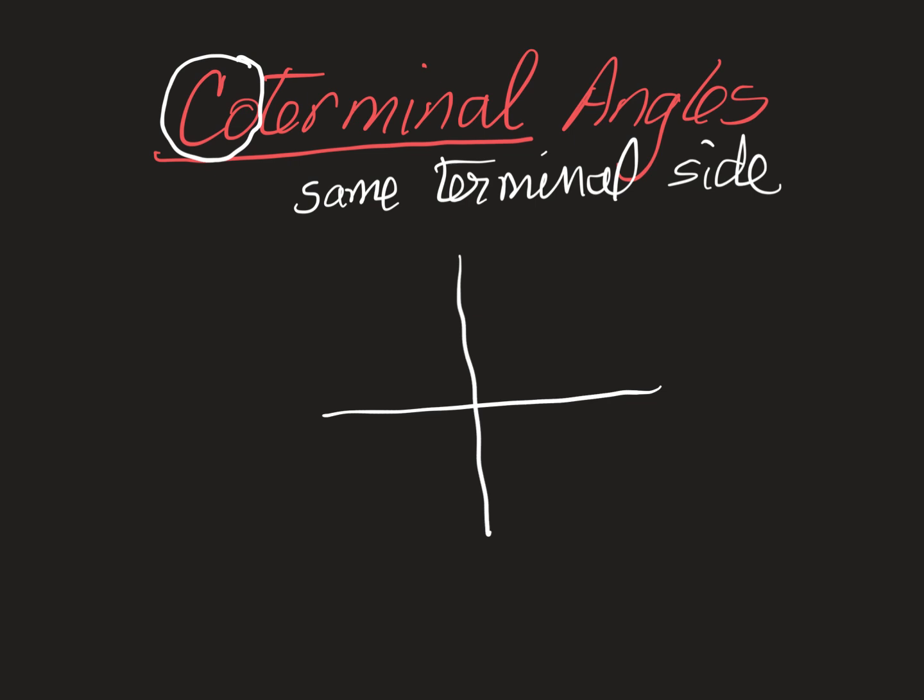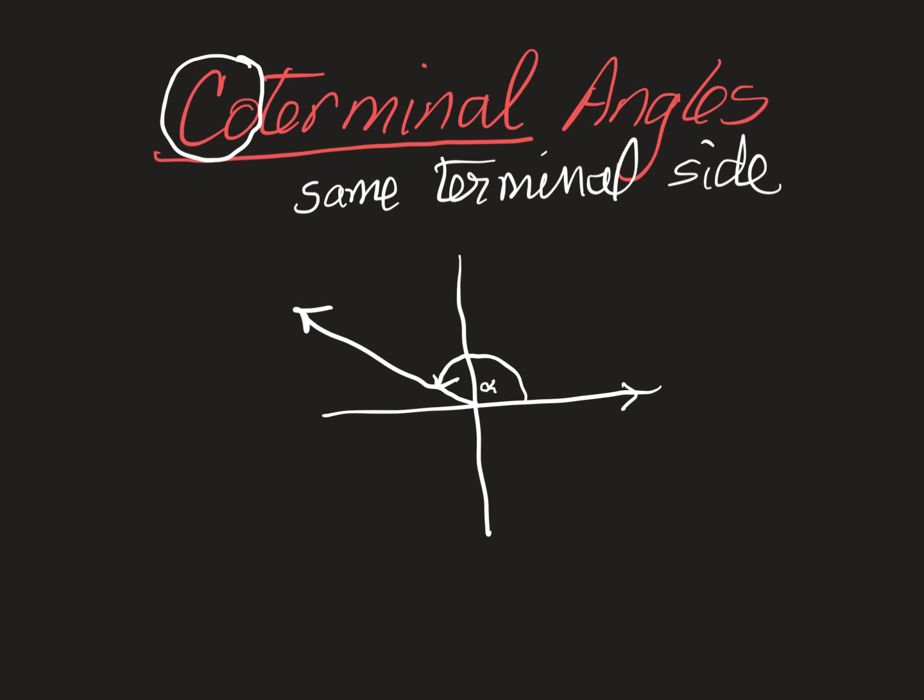But basically, if I draw an angle, okay, and here's my angle, and I'm going to give it the name alpha. Angle alpha. If I draw angle alpha in the standard position, then I want to draw a coterminal angle to angle alpha.